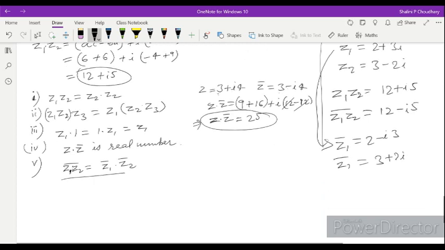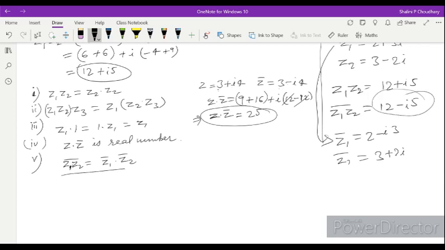Now we have to multiply this and we have to check whether we are getting this value or not. So z1 bar into z2 bar will be equal to 2 minus 3i into 3 plus 2i.